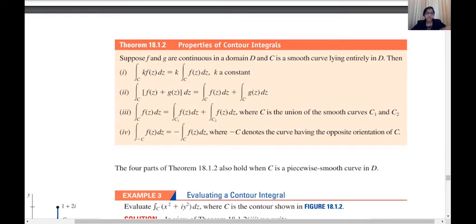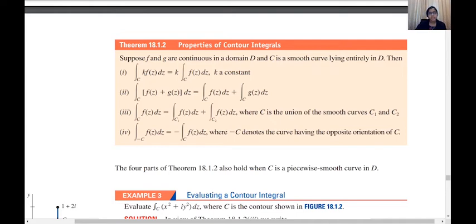The integral over C of k·f(z) dz is equal to k times the integral over C of f(z) dz, and sums can be separated: the integral over C of (f(z) + g(z)) dz is equal to the integral over C of f(z) dz plus the integral over C of g(z) dz. The integral over C of f(z) dz can be written as the integral over C1 of f(z) dz plus the integral over C2 of f(z) dz, where C is the union of the two smooth curves C1 and C2.